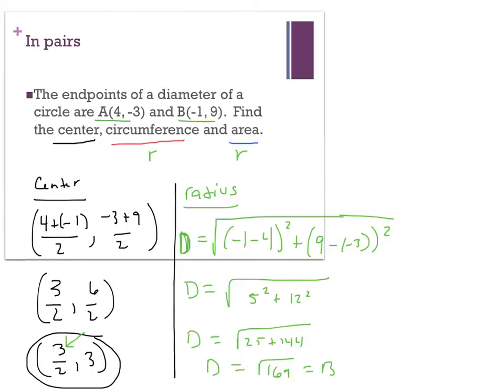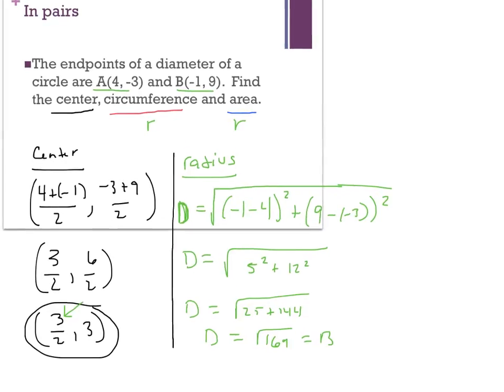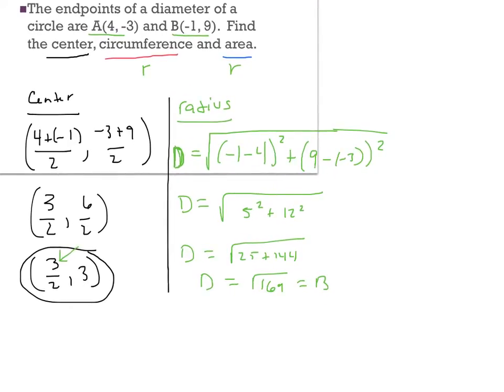So if the diameter is equal to 13, then the radius is equal to 13 over 2. That was much easier to work with than the fraction in the distance formula. So I just used what I knew about diameter and radius to make my life easier.